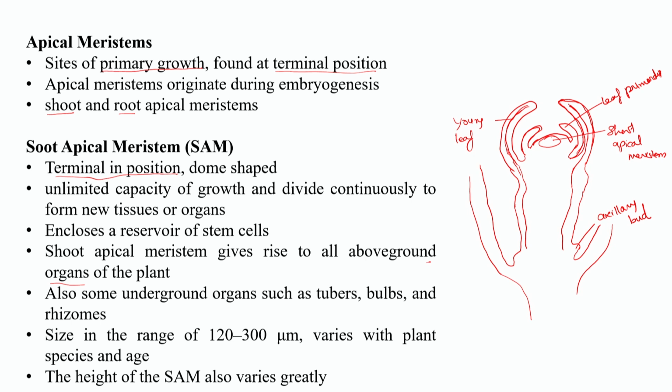Now when we observe it carefully, we can see that this shoot apical meristem will give rise to different tissues or different layers which will form different parts of the plant.